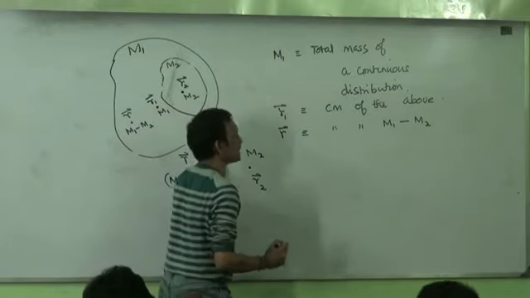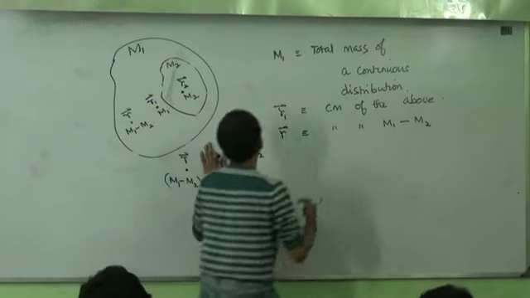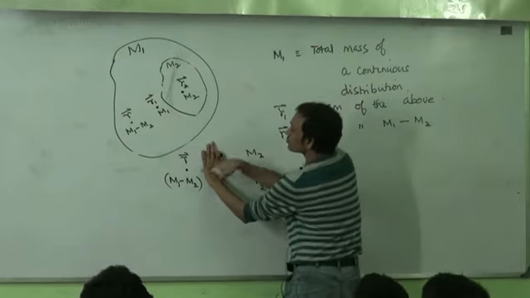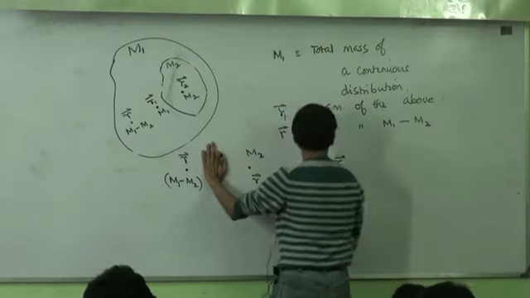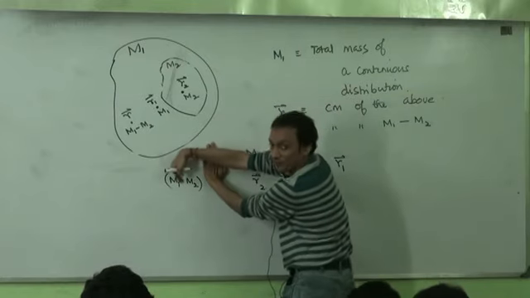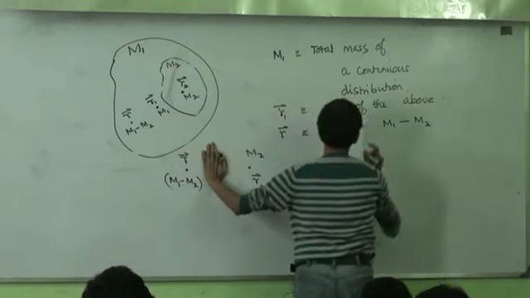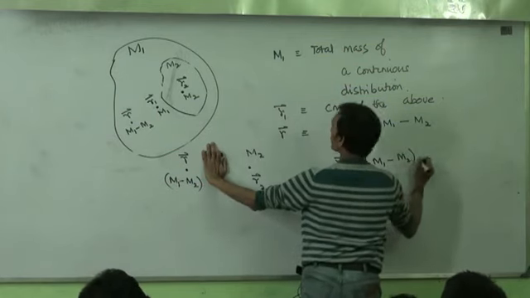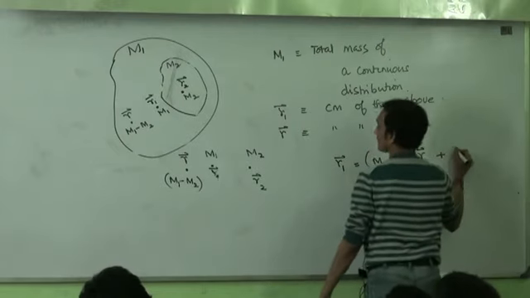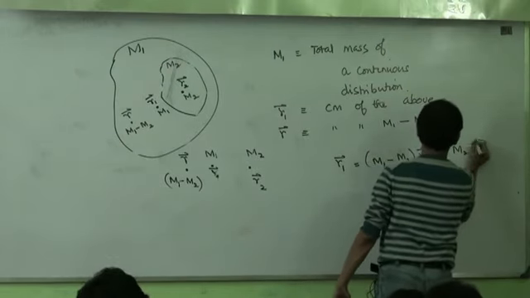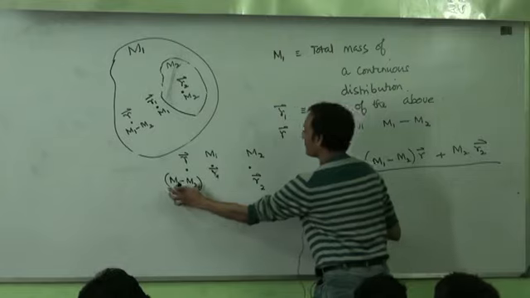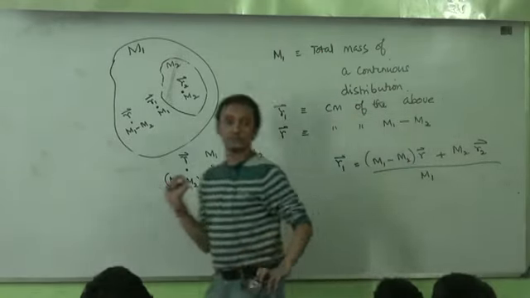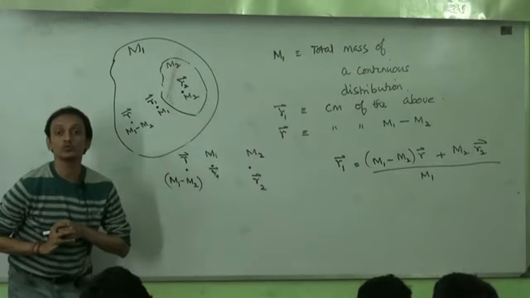At the beginning of the class, I reiterated a fact which I communicated in my last class, where I said the center of mass of this system, R1, is going to be m1 minus m2 into R plus m2 into R2 divided by m1 minus m2 plus m2, which is m1. Yes or no?